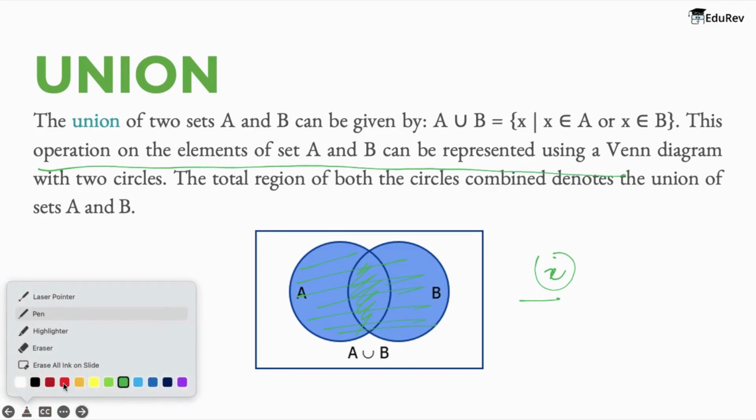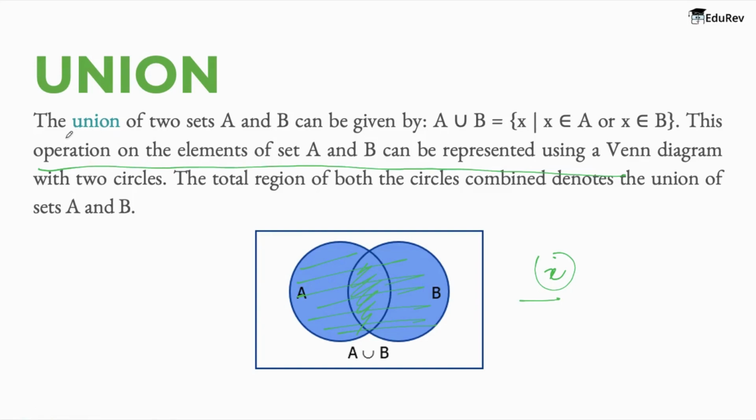So let's read what is given. They are saying that the union of two sets, A and B, can be given by this. That means the element should be present in either A or in B. Now this operation on elements of set A or B can be represented using a Venn diagram with two circles.